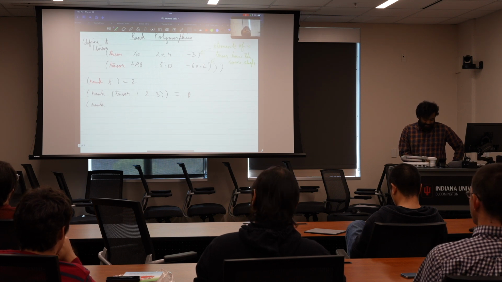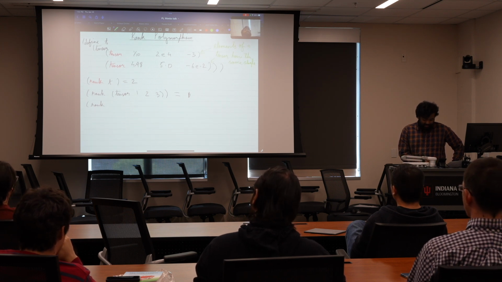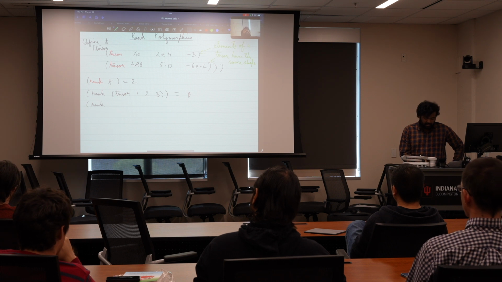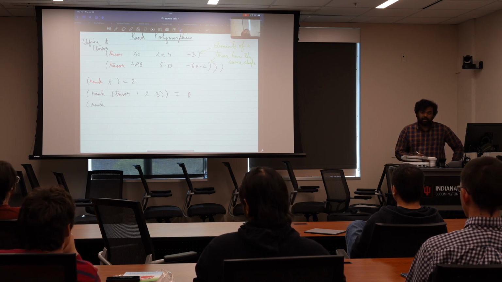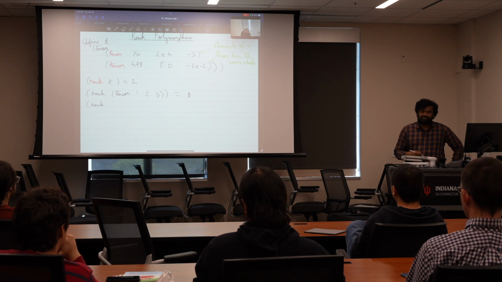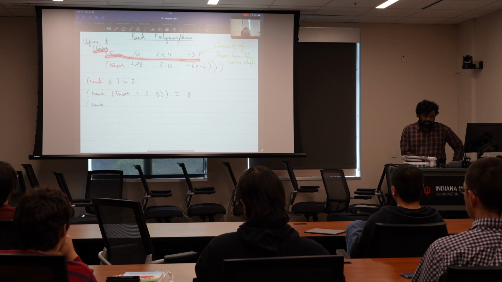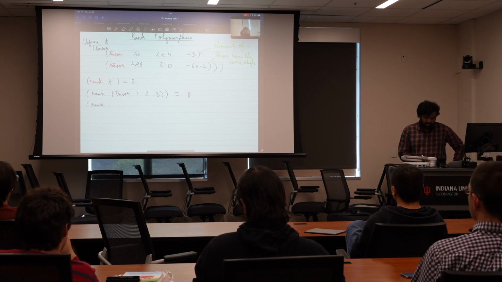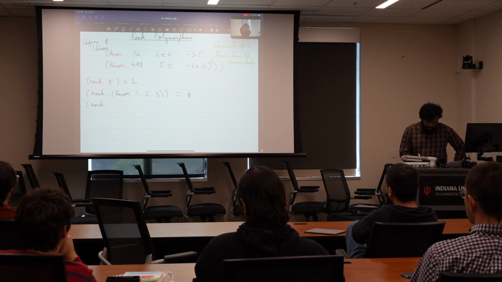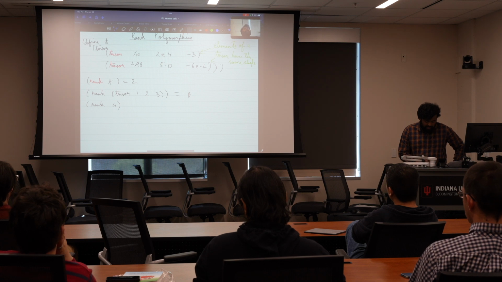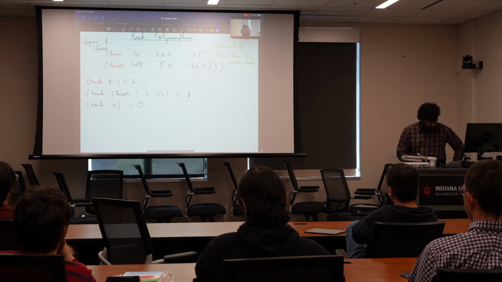So for a rank 1 tensor like tensor 1, 2, 3, its element should be a tensor of rank 1 less than that. Since this is a rank 1 tensor, the tensor containing it should be a rank 2 tensor. Similarly, since this is a rank 1 tensor, a scalar should be a rank 0 tensor. So that's why the rank of any scalar will be 0.